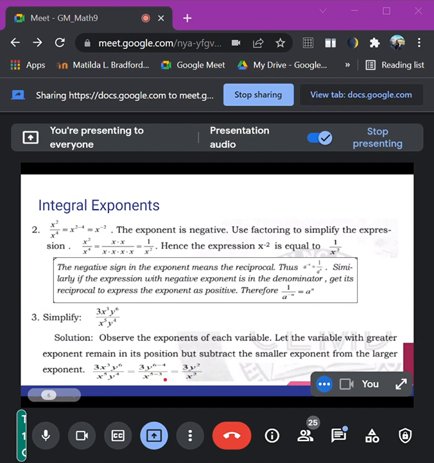Kung mag-divide ka in any class, kung asa ang mas dako og exponent is adto ka mag-do sa iyahang subtraction. Like for example, the exponents of each variable. So, let the variable with greater exponent remain in its position but subtract the smaller exponent from the larger exponent.